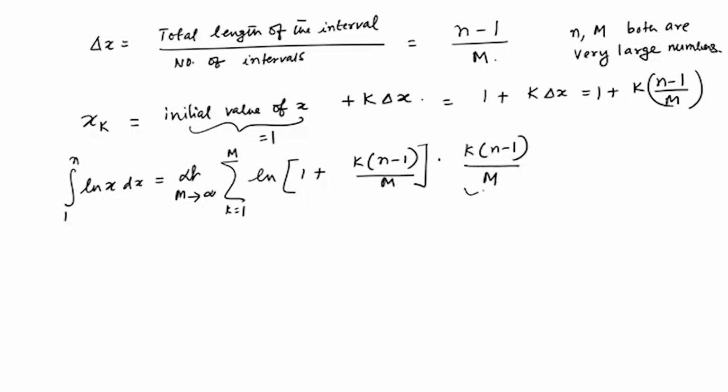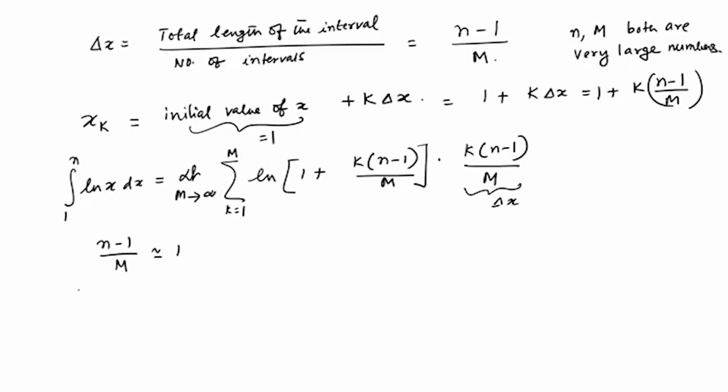That is your delta x. Okay. So, that is your delta x, and this is your log of x. Because n and m both are very large, (n minus 1) divided by m is approximately equal to 1, okay, because n and m are same.